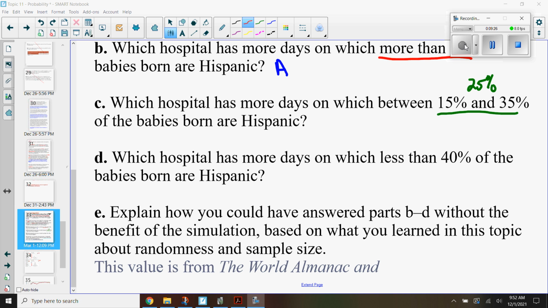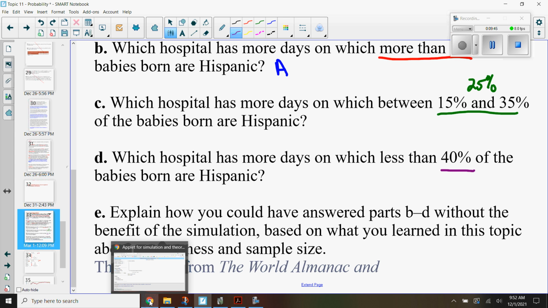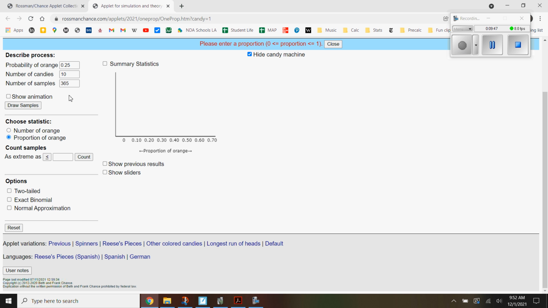Which hospital has more days on which less than 40% of the babies born are Hispanic? Now remember, 40% is pretty high above the Texas average of 25%. So let's go over to the app and see what that shows us. So here is Hospital A with 10 babies born per day. I'm going to draw my samples here.